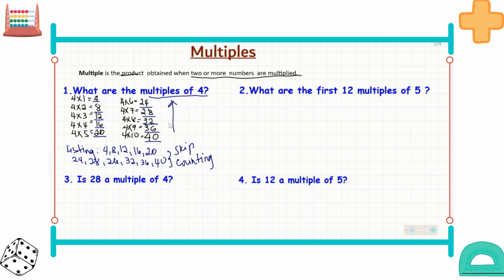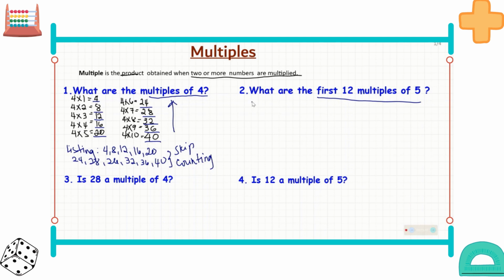Next, let's do another example. Now we want to know the first 12 multiples of 5. Just like what we did a while ago, we can get the multiples of 5 by multiplying numbers. This time we multiply by numbers up to 12, because we want the first 12 multiples of 5.